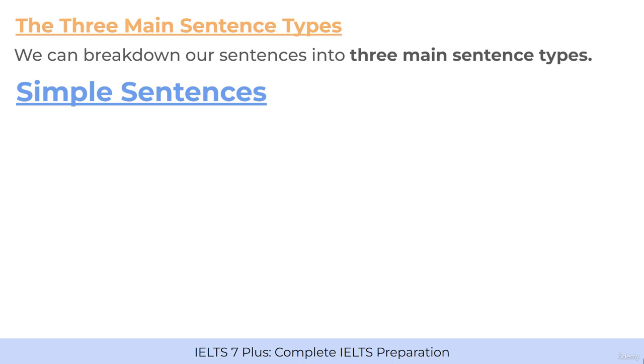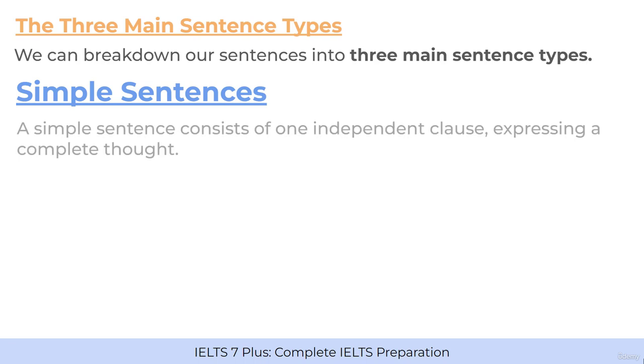Now, they're not specifically saying simple sentences like I'll show you here, but they're just saying generally can use simple structures. So what the band descriptor 6 is saying, you can do sort of simple structures, but you can also do slightly more challenging structures too. But within all +6 band descriptors for writing, you need to use a range of sentence types.